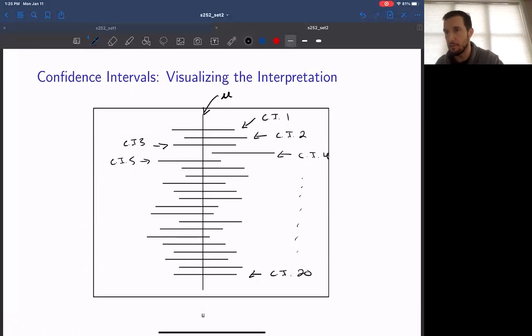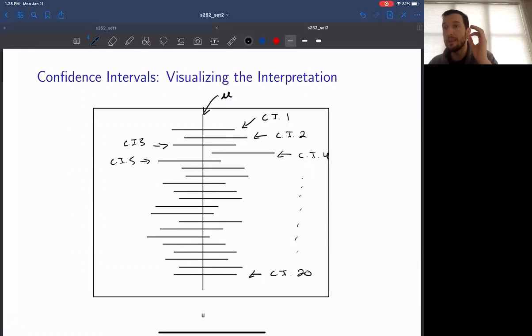This is why when we interpret a confidence interval, we never write statements like the probability that the true mean is between the lower bound and the upper bound is 95%, or we are 95% sure that mu is between this value and this value.